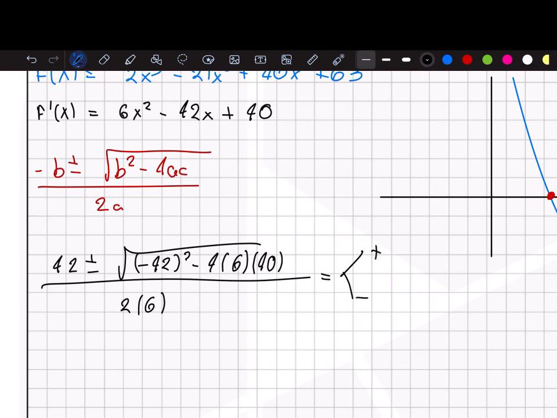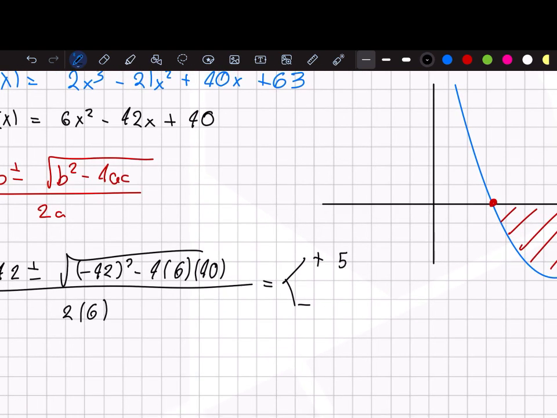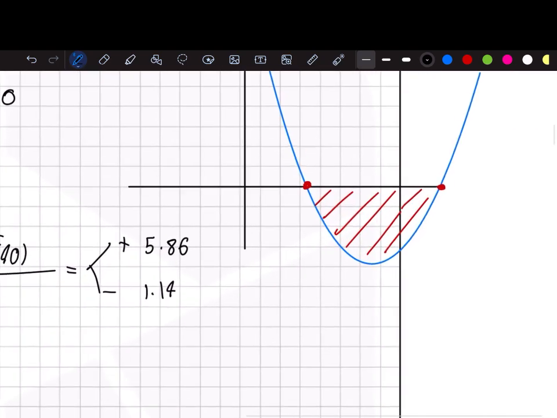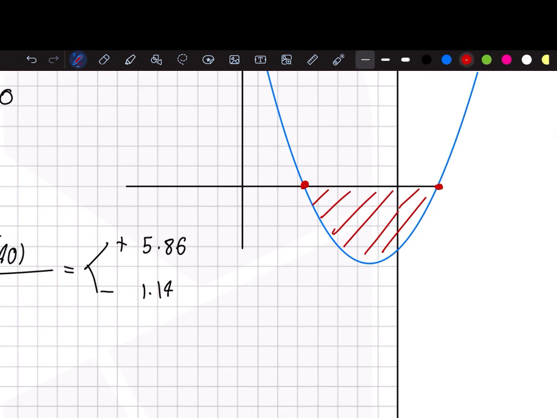If we fill this out, for plus, we get 5.86, and then for minus, we're going to get 1.14.